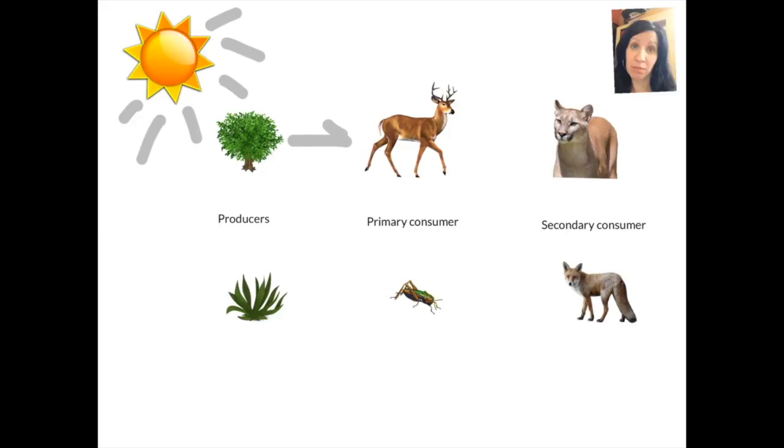So, in this case, the plant would give energy to the deer, and the deer gives energy to the cougar, and that would be the top of that food chain, the end of it. In the next case, the grass gives energy to the grasshopper, and the grasshopper gives energy to the fox, the end of this food chain. A food chain only shows one pathway of energy in an ecosystem, and after that, there would either be scavengers that would eat the food, or they would decompose and begin the cycle again.